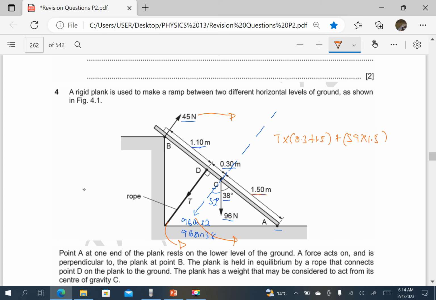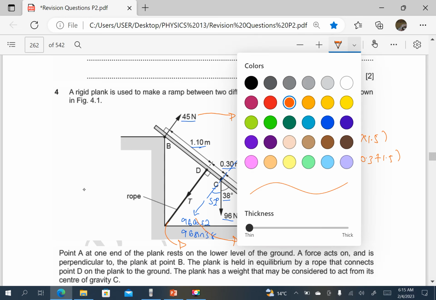So this is the sum of the anticlockwise moments, and they should be equal to the sum of clockwise moments, which will be 45 times the perpendicular distance, which is going to be 1.1 plus 0.3 plus 1.5. Those are going to be the moments, and we obtain our solution.